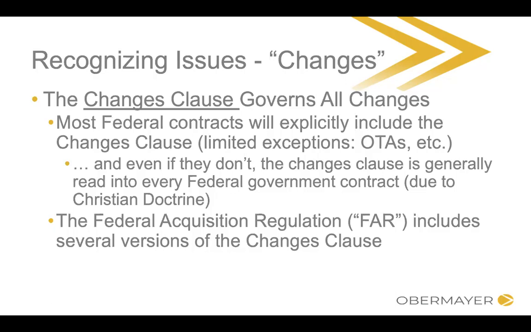But generally speaking, as a default rule, you should assume that a changes clause is in your contract. Again, check which one you have and make sure you understand the requirements of the specific clause in your contract. But there's going to be one in there. And frankly, even if there isn't a changes clause in there, there's a doctrine called the Christian doctrine that the courts have developed.